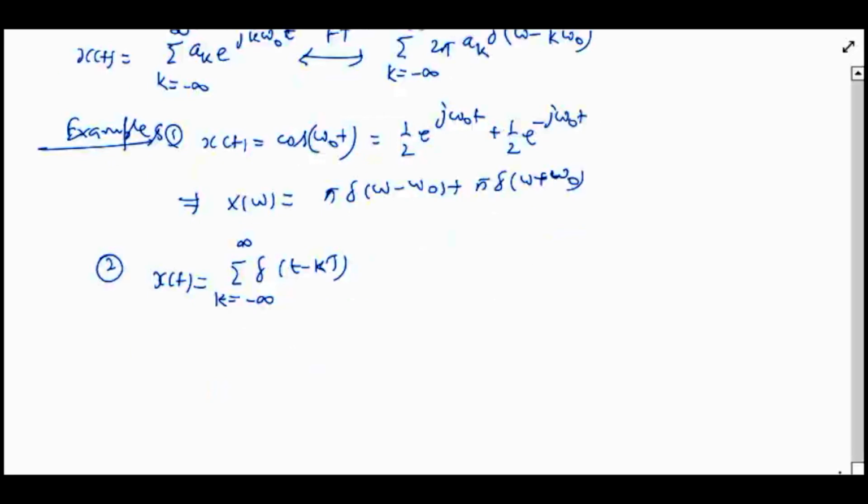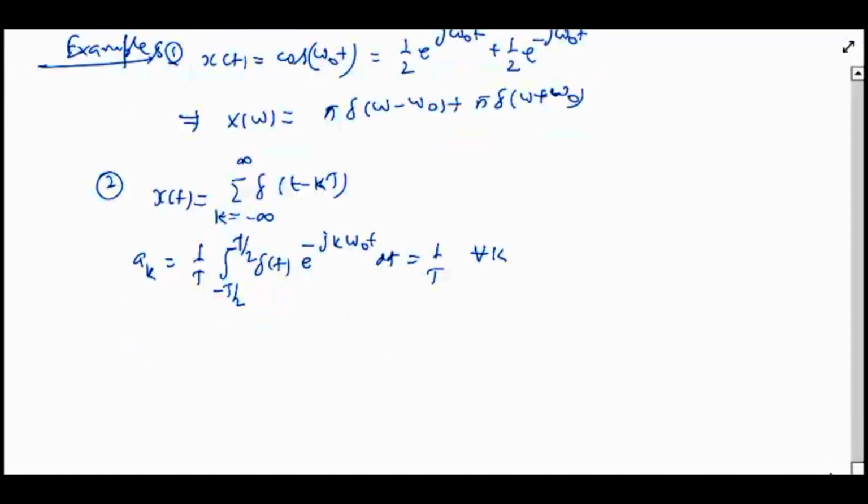In this case, we can compute the Fourier series coefficients of x(t) as follows. So a_k is 1 over T times the integral from minus T by 2 to T by 2 of delta(t) e^{-jk omega_0 t} dt, which is 1 by T for all k.